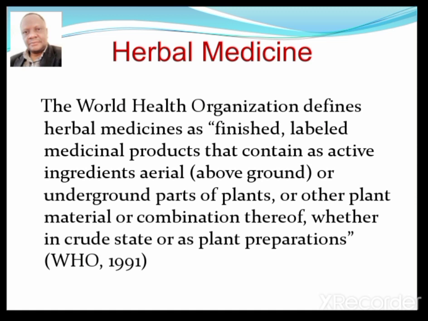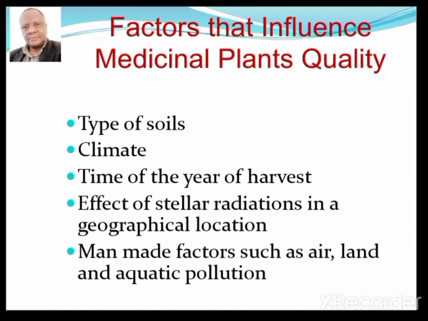It must be a finished product, it must contain active ingredients, it must be made from parts of plants, whether above the soil, underground, or whether exudates of plants or whatever. And it could be as plant preparation or it can be given raw. That is what the WHO definition of herbal medicine is.